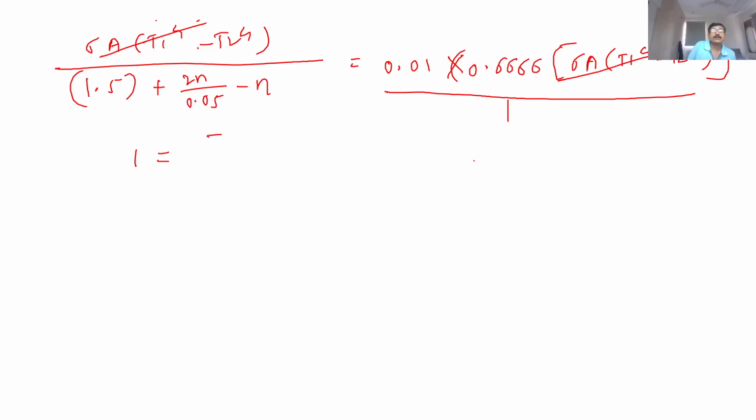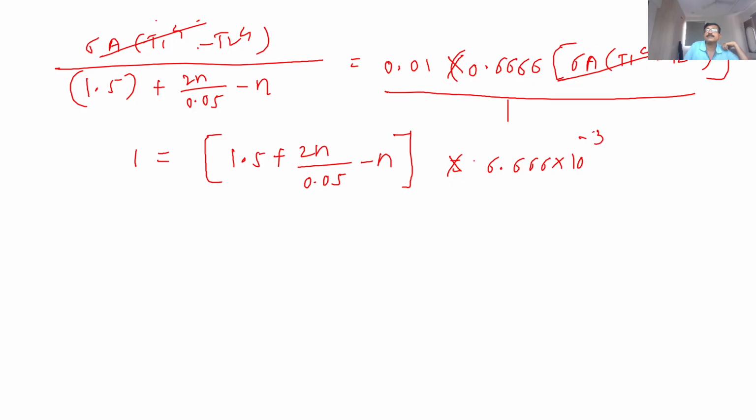1 in bracket, 1.5 plus twice n upon 0.05 minus n, into 0.6666 into 0.01, cross multiplying. So this becomes 6.666 into 10 raised to minus 3.